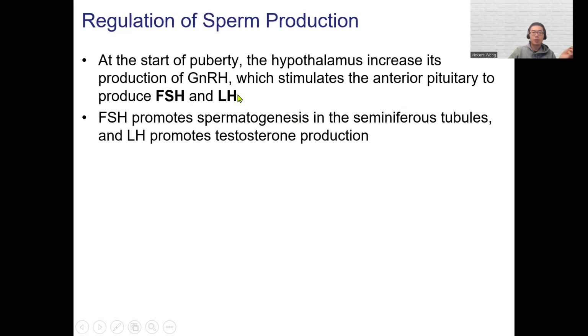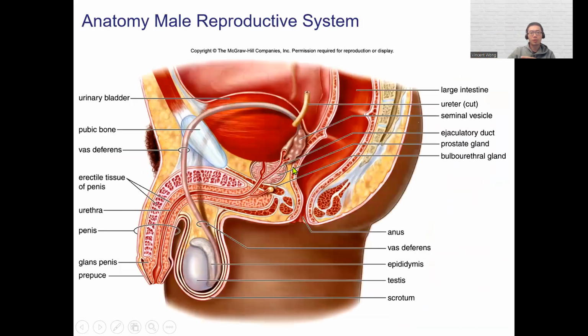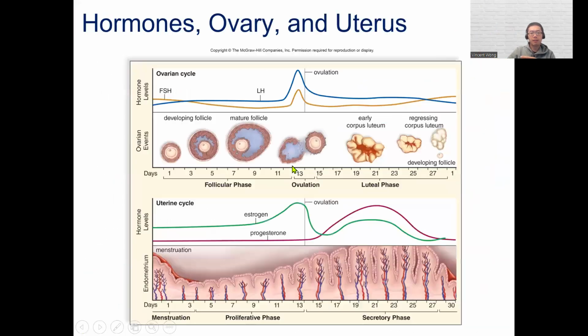If you think back to the female reproductive system, the LH is going to create the LH surge and then ovulation, and afterwards you start to produce progesterone. Let me go back here to show you the graph.